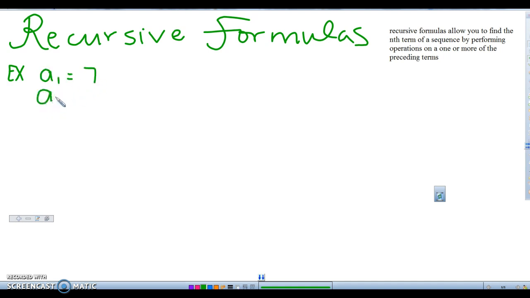And the formula I'm using for the sequence is 3 times the previous term minus 12. And I want to find the first 5 terms.